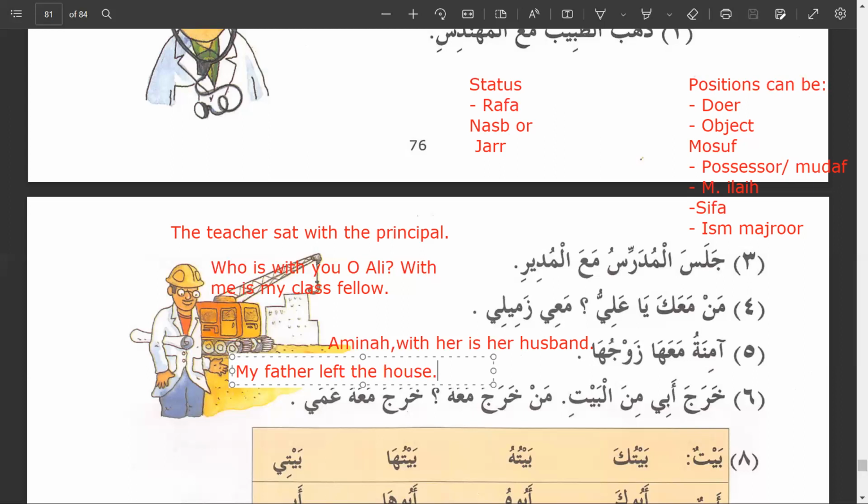And then, man kharaja ma'ahu. Man is who. Who left?